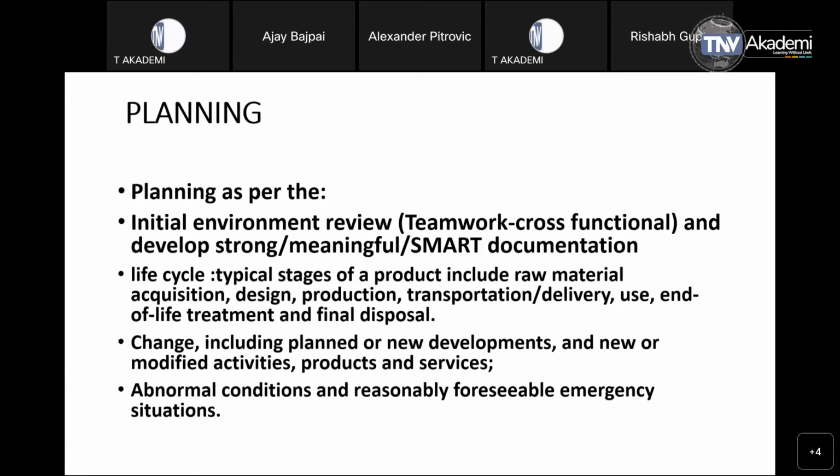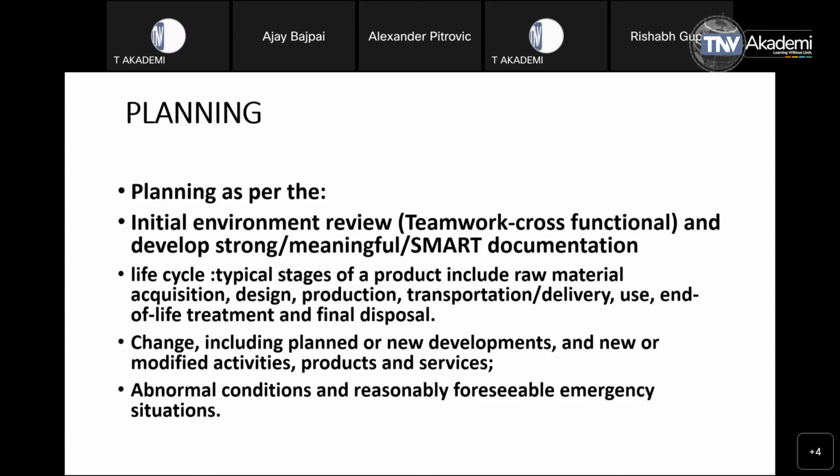Involvement of the team is there so that we don't miss out important points, and we are conceptually clear about what the aspects can be and what the impacts are in reality, not just looking at it theoretically, sitting in the conference room.